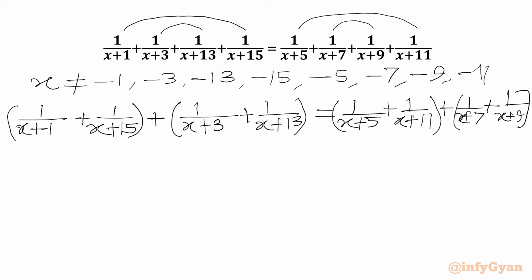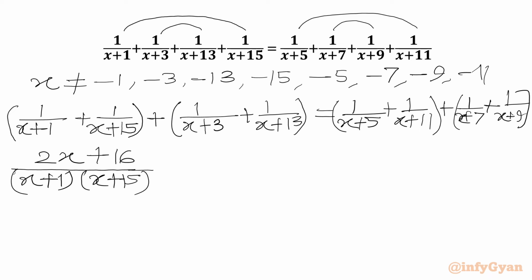Now we will take LCM. So we will multiply our denominators, x plus 1 times x plus 15 in the denominator. In the numerator x plus 15 plus x plus 1, which is 2x plus 16. Here we will multiply both the denominator brackets, x plus 3 times x plus 13.